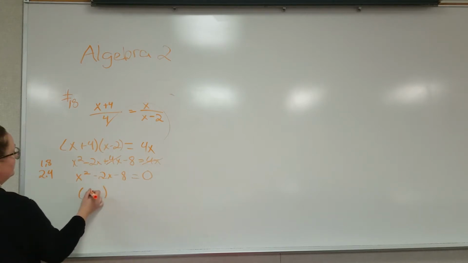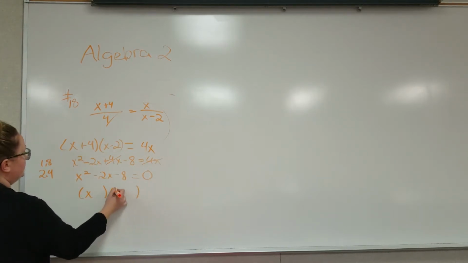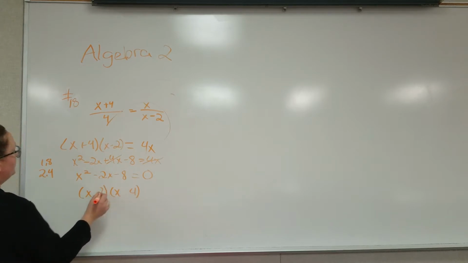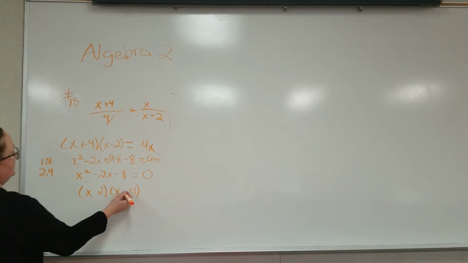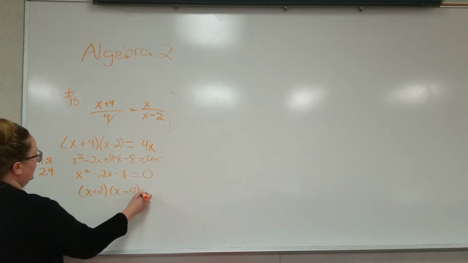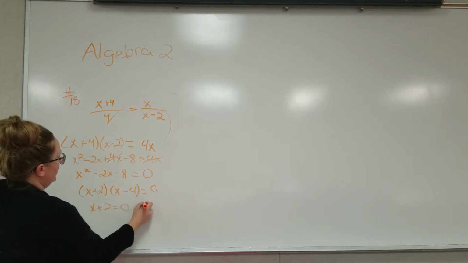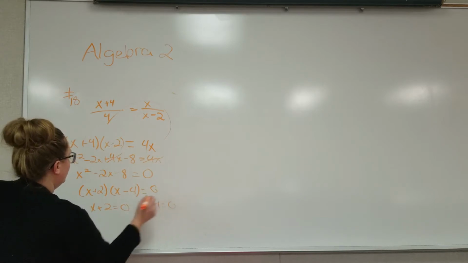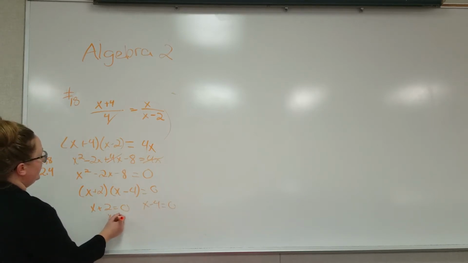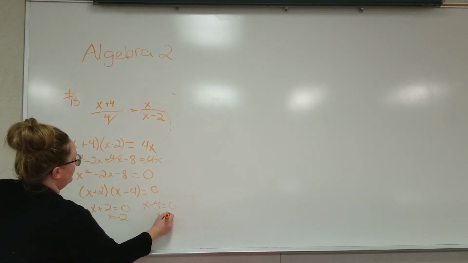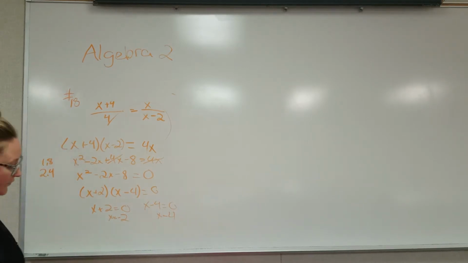Your two binomials will be x, and then your 4 and a 2. And you want a negative 2, so that means you need a negative 4 plus the 2. So x plus 2 equals 0, and x minus 4 equals 0. So x would equal negative 2, and x would equal positive 4.